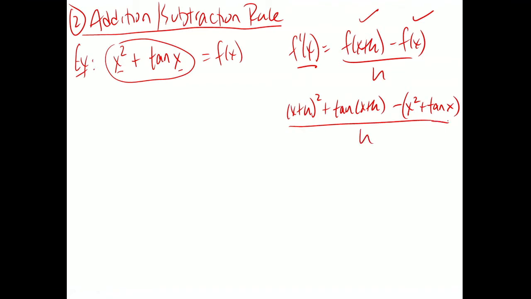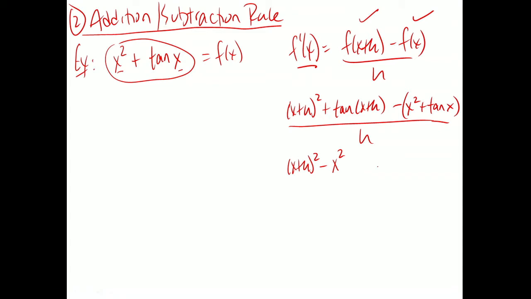Well, this is awful for many, many, many reasons. This is a disaster. But I'm going to do a very simple thing, which is to just reorganize. So let me put the tan stuff together and the non-tan stuff together. So what would I get? I'd get x plus h squared, and let me pull the x squared together with that. So let me group those two things together.